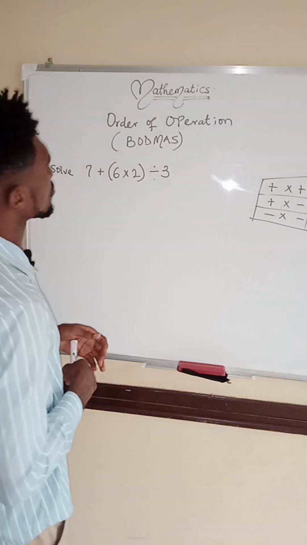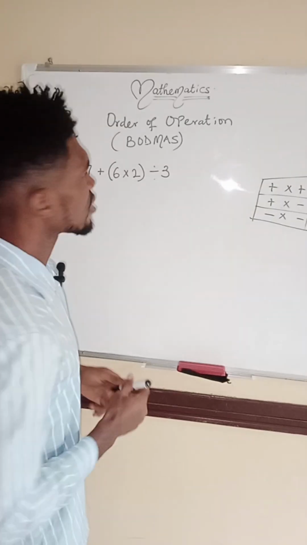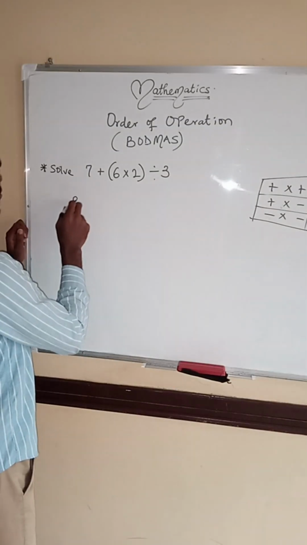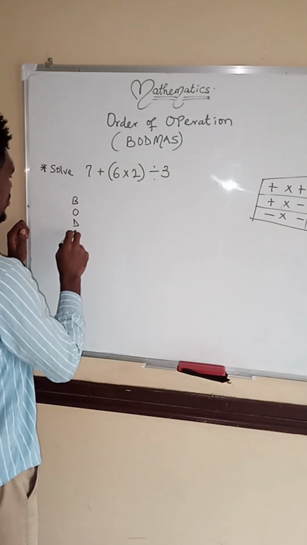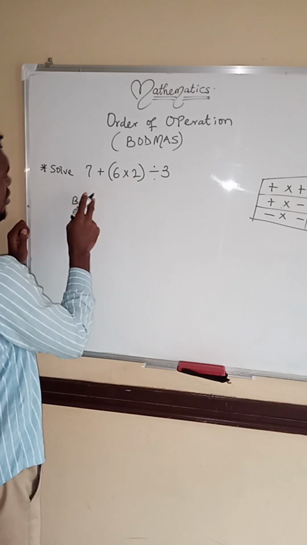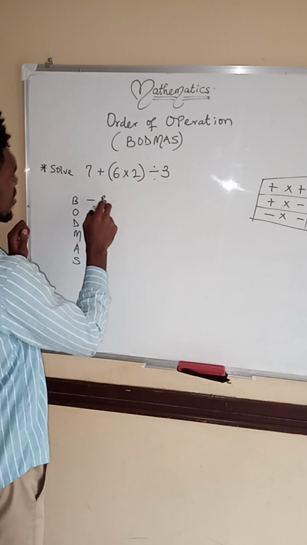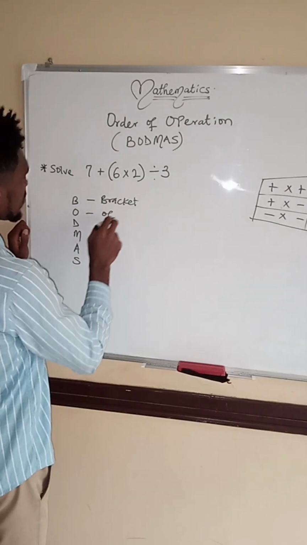Order of operation. Before I solve this, let me explain what the order of operation means. So here we have BODMAS. B stands for brackets. O is for of.